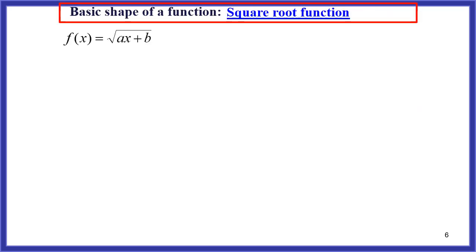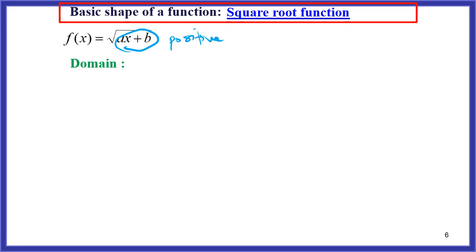Okay, so the next function is a square root function, where f(x) equals the square root of ax plus b. So we have a function with a square root outside. How do we determine the domain for this type of function? Everything under the square root should be a positive value.